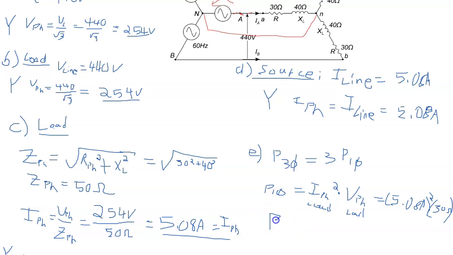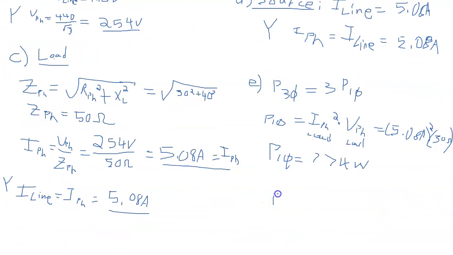And so P1 phase has a value of 774 watts. So P3 phase is equal to 3 times 774, and P3 phase, PT if you want to call it that, is equal to 2,322 watts.